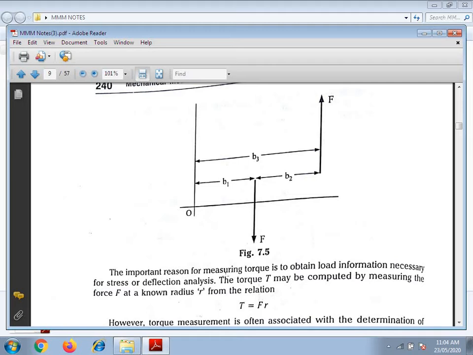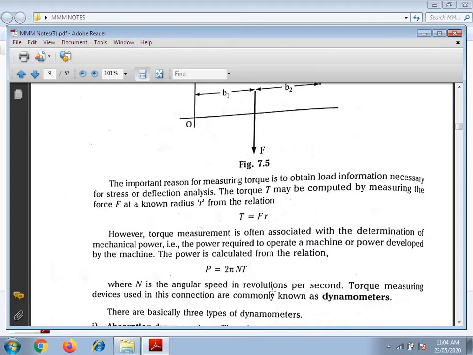The important reason for measuring torque is to obtain load information necessary for stress or deflection analysis. The torque T may be computed by measuring the force at an unknown radius r from the relation. See this relation: T is equal to Fr.